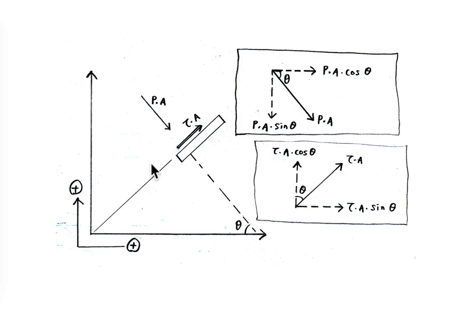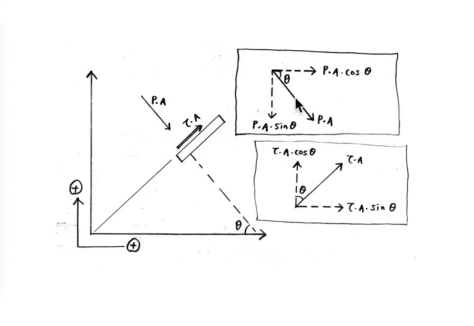When the free stream velocity moves along this surface, another force exists, which is shear stress times area. Because we have two types of forces here, and we need to solve the resultant forces on this object, we need to split it into its component forces.